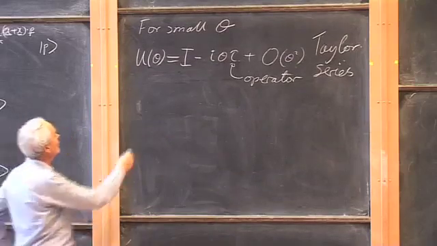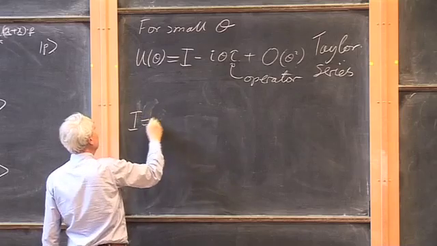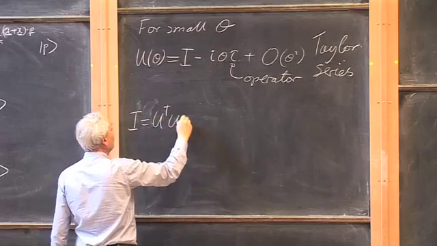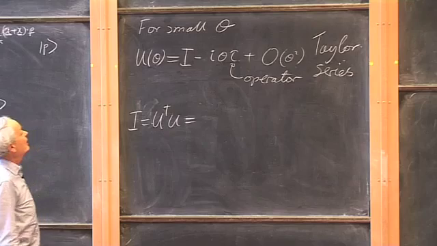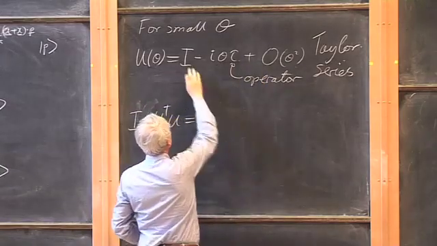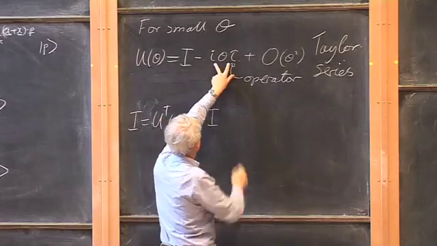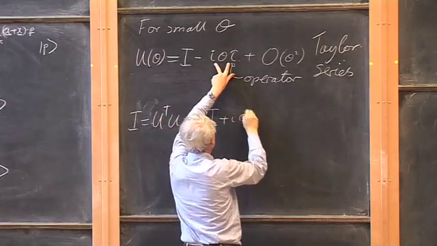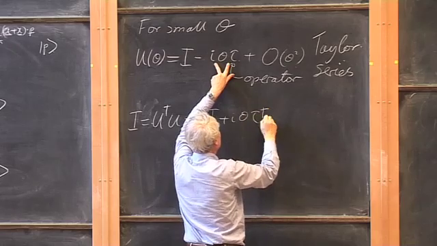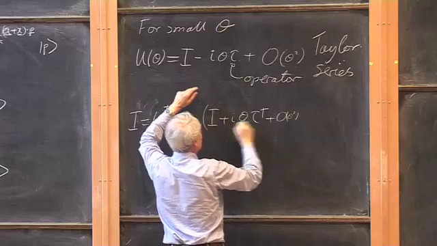Okay, now we want to look at this condition. We want to have a look at the condition that the identity is U†U. So let's write U†. What's U† if this is U? U† is going to be 1† which is 1, and then we'll need the dagger of this, which is going to be plus iθτ† plus order θ squared, which we're going to ignore.